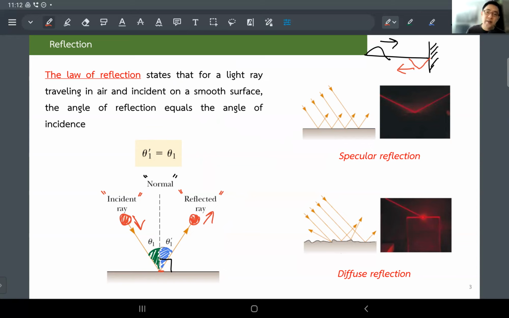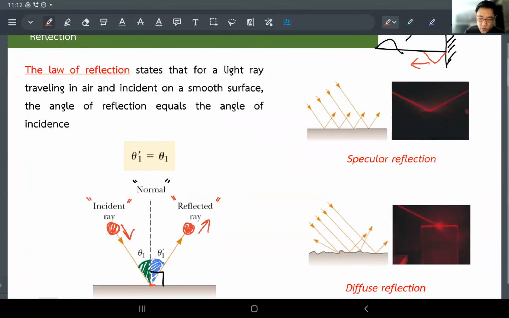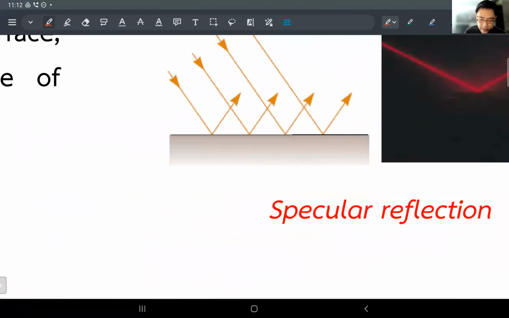Okay, and the law of reflection happens at a point. So you have to consider this reflection at a point of contact. That gives you an idea of what happens if you have a very smooth surface. The reflection will happen in the same manner no matter what point on the surface you're looking at.